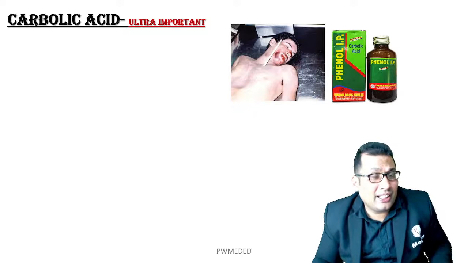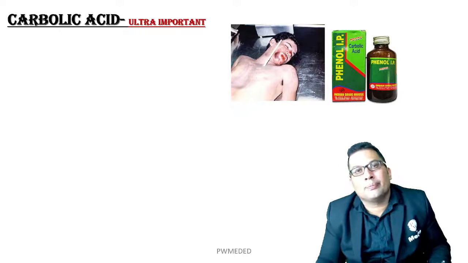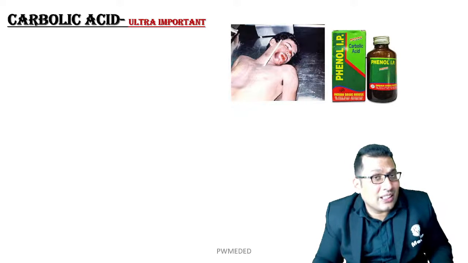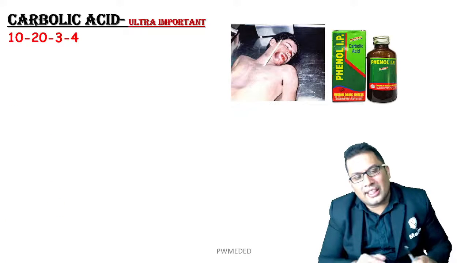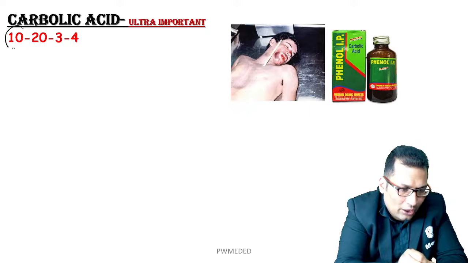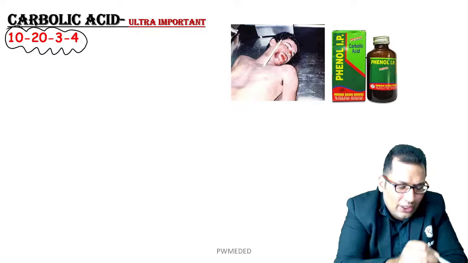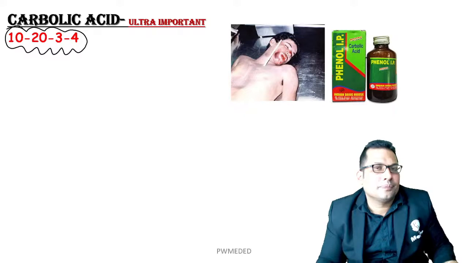It acts on systemic sites, for example the brain, leading to coma, and also leads to some local symptoms, like leathery stomach. The mnemonic is 10-20-3-4. 10-20 means the fatal dose is 10 to 20 ml.